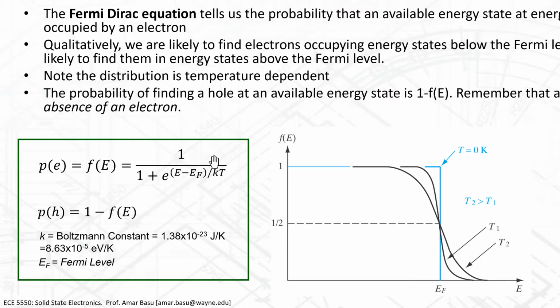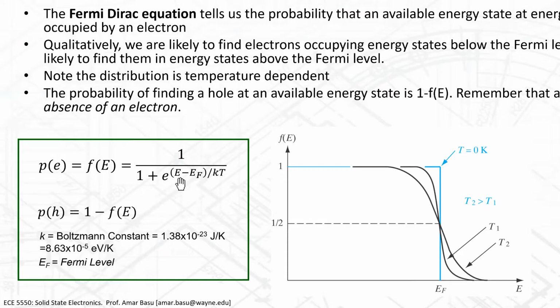And the thing about the mathematics of this formula is that it is a transition from 1 to 0. This mathematical formula represents a transition from 1 to 0 as you go to increasing energies. So the way you can think about this is to look at this term here. It's E minus EF over KT. Let's say the energy is really small.